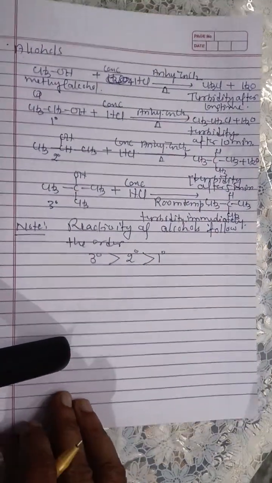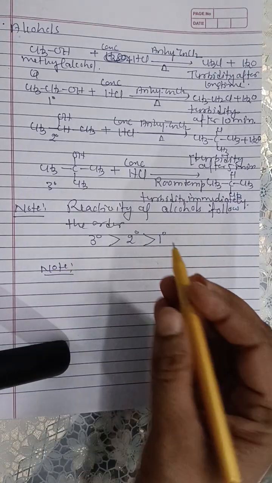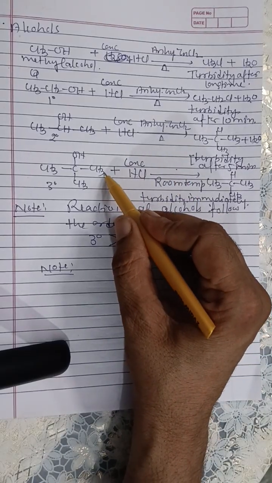Now the question arises: why do we not take anhydrous ZnCl2 in case of 3-degree alcohol?